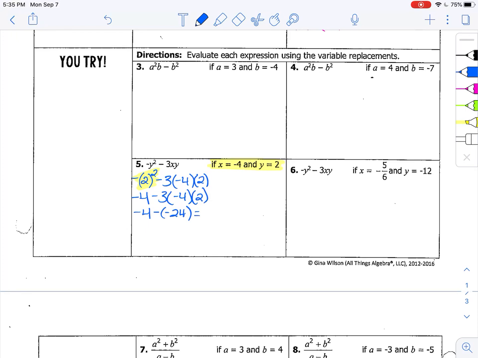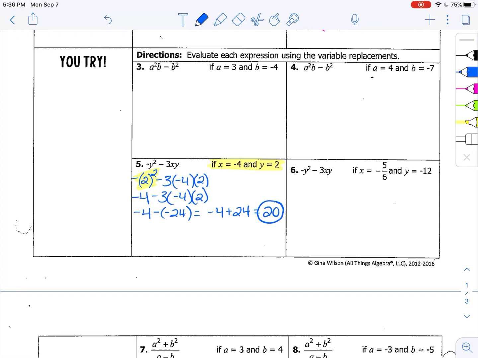But we can rewrite this problem as negative 4 plus 24. Negative 4 plus 24 equals 20. So when we evaluate this expression, we get a positive 20.